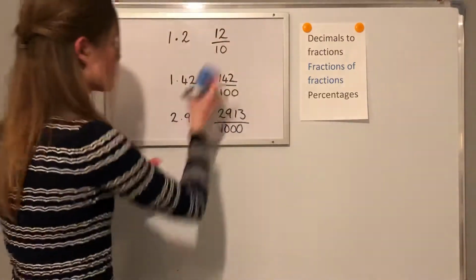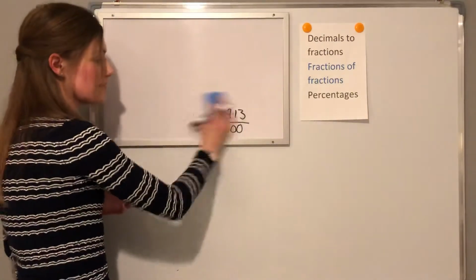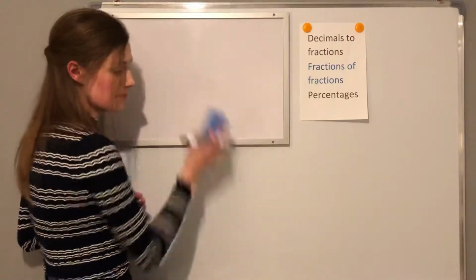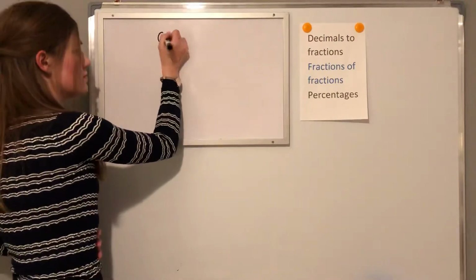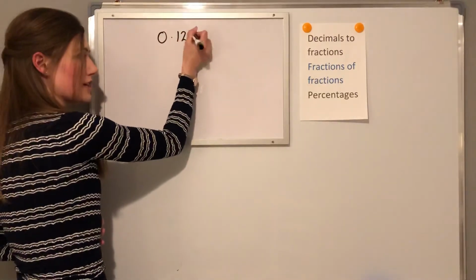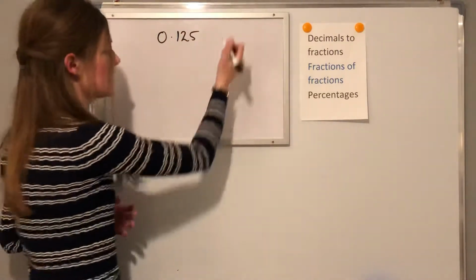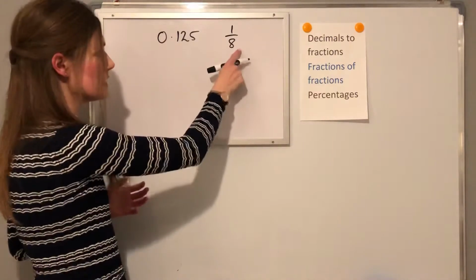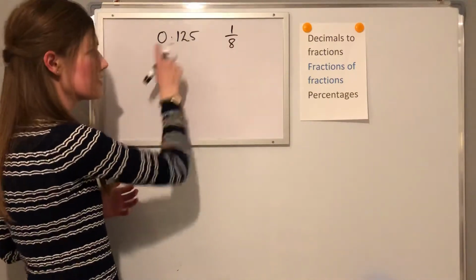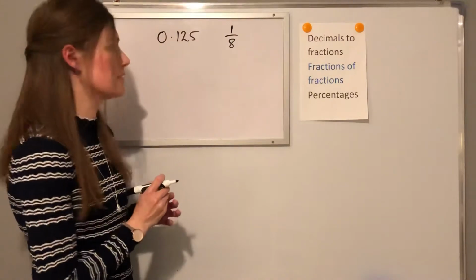Okay. Right, now there are a few that you need to remember in the 11 plus. Things like 0.125, you need to be able to see that and automatically realise that it's an eighth. Similarly, the other way round, if you see an eighth, you need to know that it's 0.125.